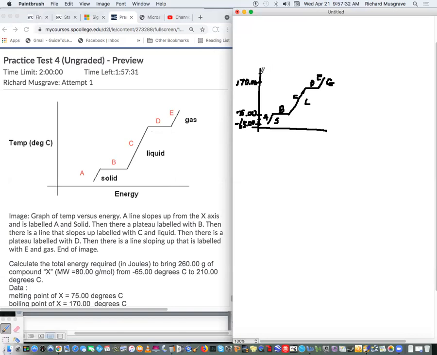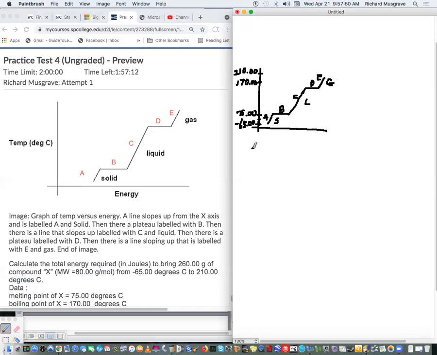And the top value that we're looking for is 210.00 degrees. So I think that's probably a good idea first, to put those temperatures on there so you have a better feel for what's going on.